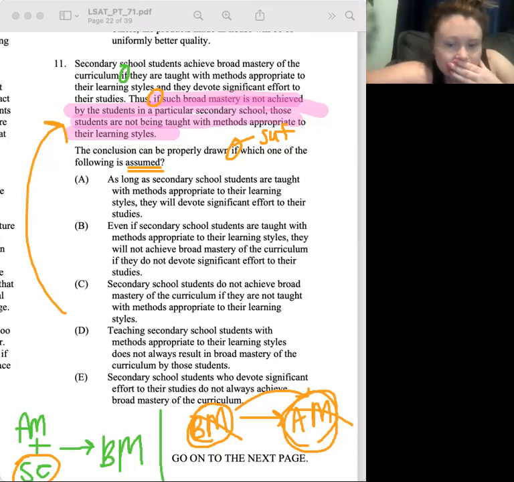All right, let's keep going. B: even if secondary school students are taught with methods appropriate to their learning styles, they will not achieve broad mastery of the curriculum if they do not devote significant effort to their studies. I think the way they're wording these answer choices is what's confusing me.